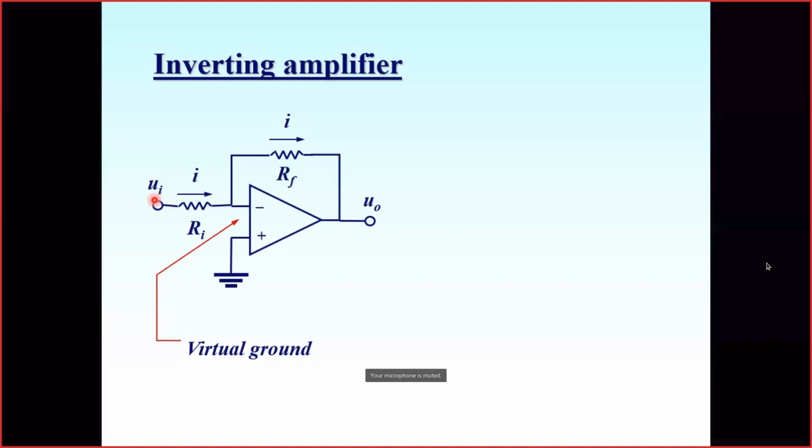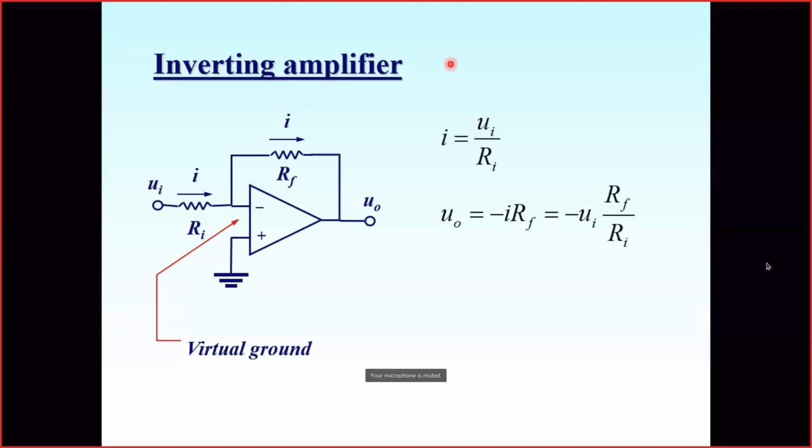Therefore, because of Ohm's law, the current which flows through the input resistor Ri will be equal to the voltage applied to this resistor divided by the resistor value itself. So this is the current which flows here.